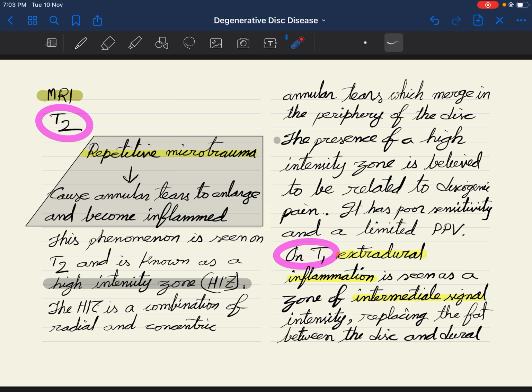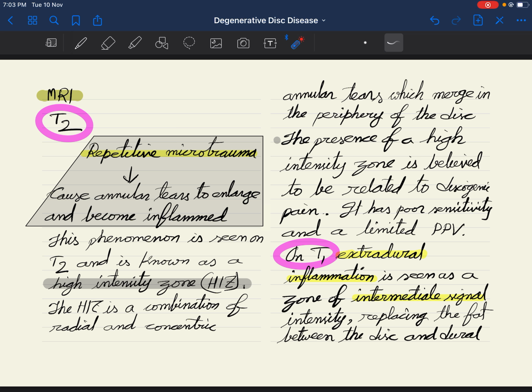The high intensity zone is a combination of radial and concentric annular tears, as shown in the picture. It is the combination of radial and concentric annular tears which merge in the periphery of the disc.